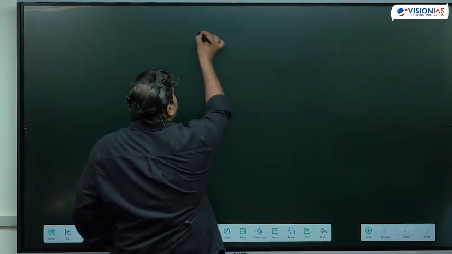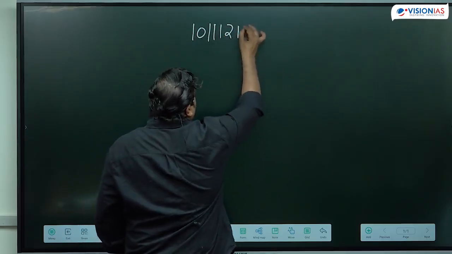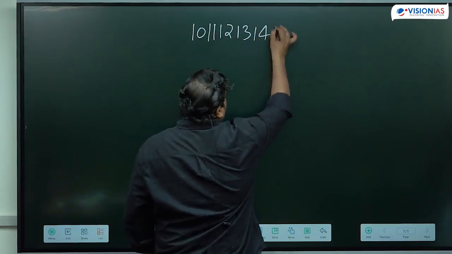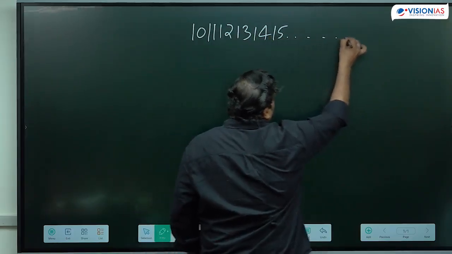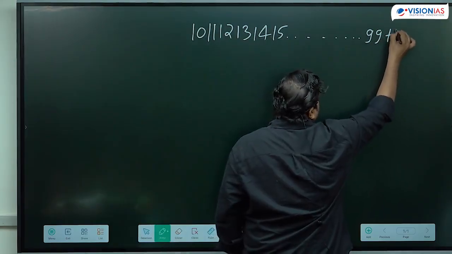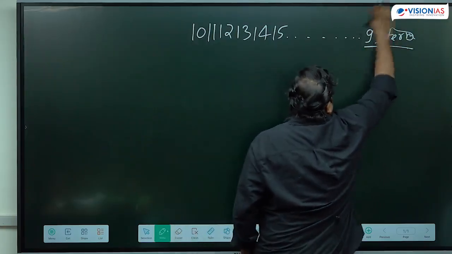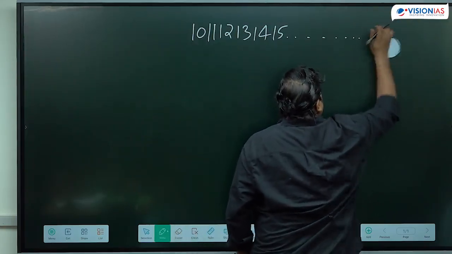If I write 99 terms, 99 terms इसमें रहेंगे. Or till, if I write this way only, 99.